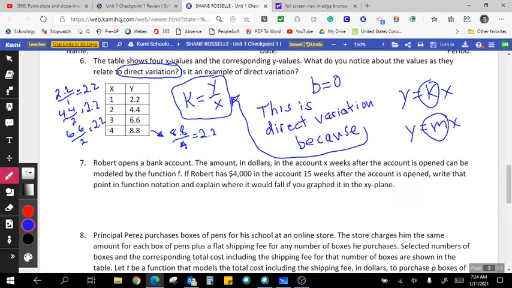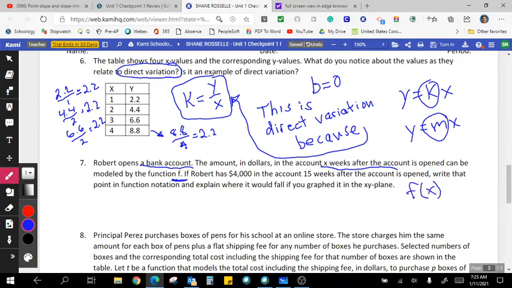Okay, 7. Important one. This is for your bank account later on, right? So bank account right here. Robert opens a bank account. The amount in dollars in the account x weeks after the account is open can be modeled by the function f. So we're going to call it f of x.